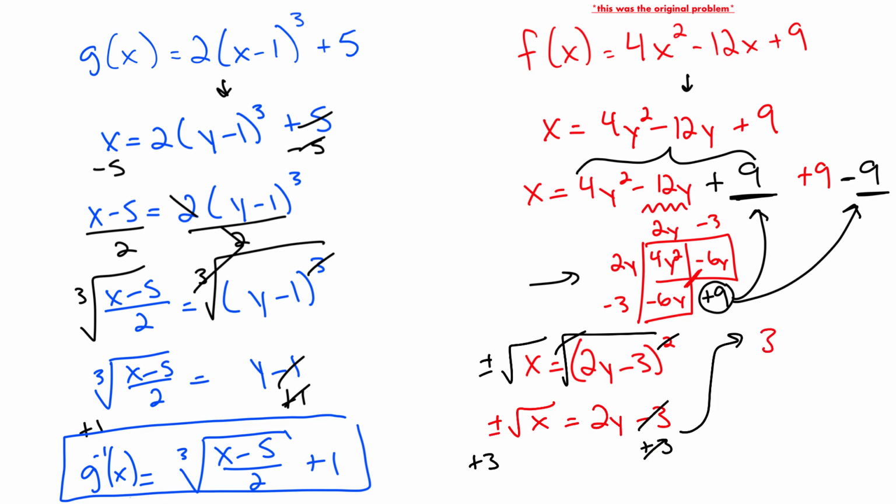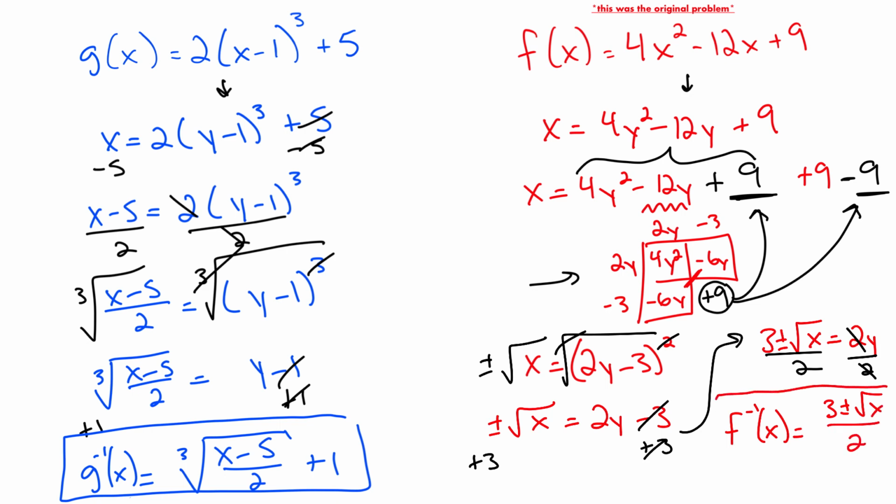That'll give me 3 plus or minus the square root of x is equal to 2y. I divide both sides by 2. And that means, instead of y equals, I'm going to say f inverse of x is equal to 3 plus or minus the square root of x all over 2 as my final solution.